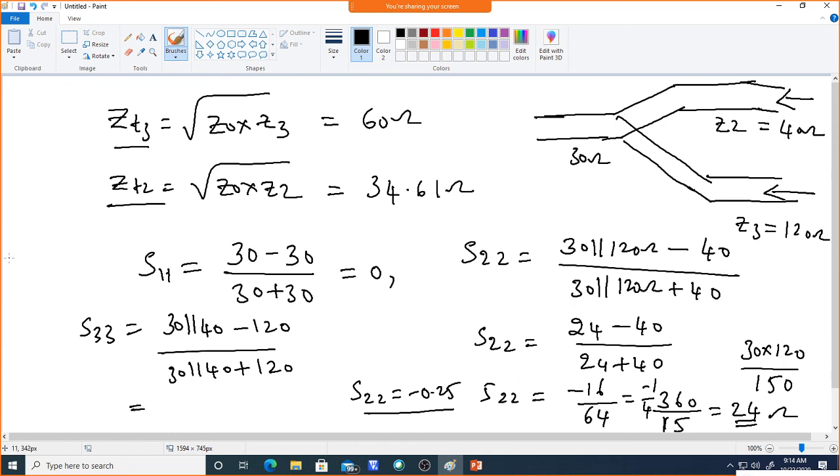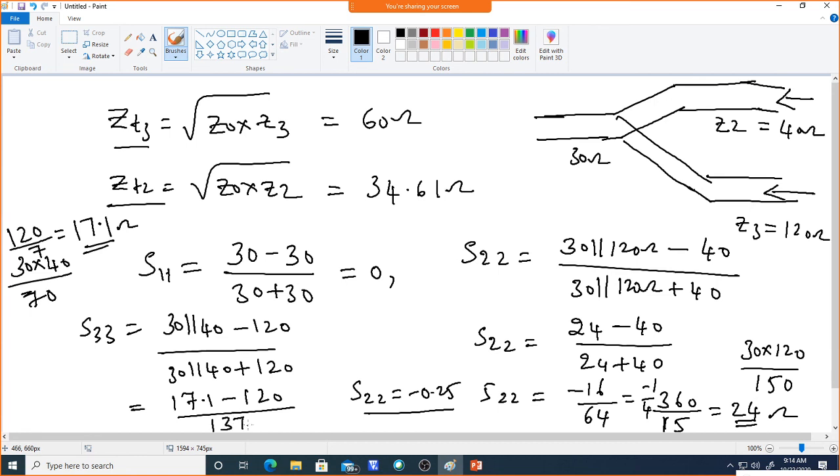Calculate this 30 parallel 40, which is 30 into 40 by 30 plus 40, which is 70. So this is 120 by 7, so around how much will it get? 17.1 ohm. So you substitute it: 17.1 minus 120 divided by 137.1. So now what is the value of S33? Just calculate and tell me.